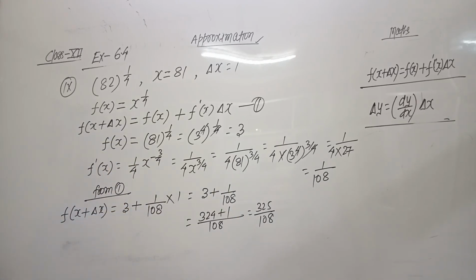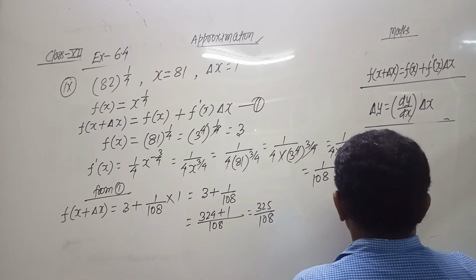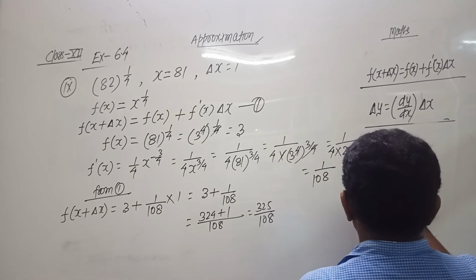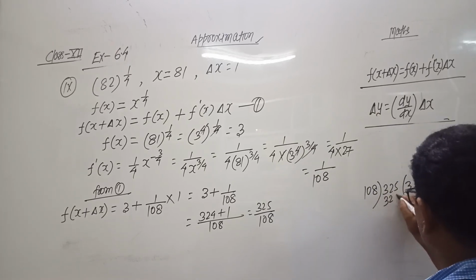325 divided by 108. 325, it goes by 3. 324.